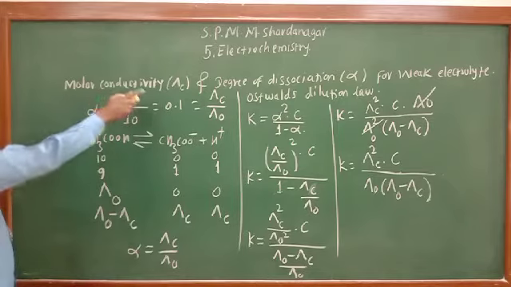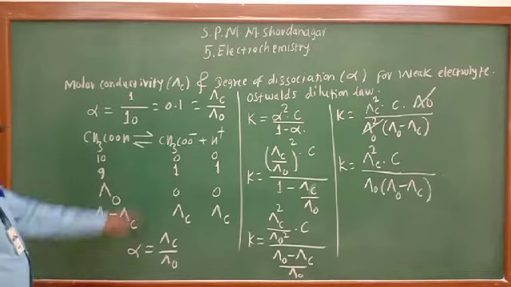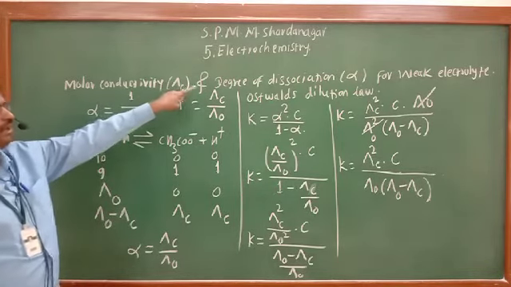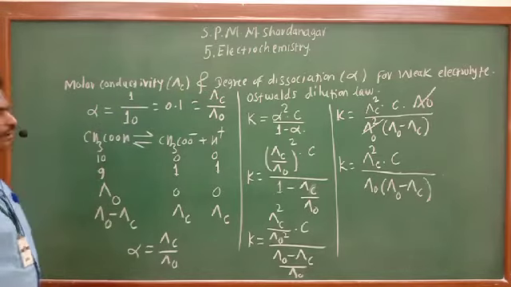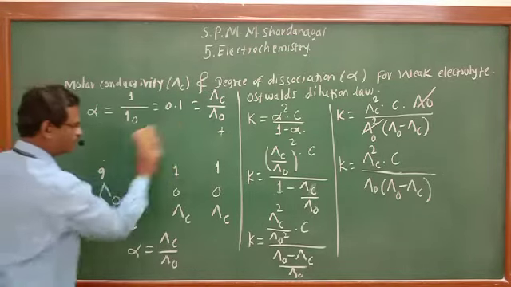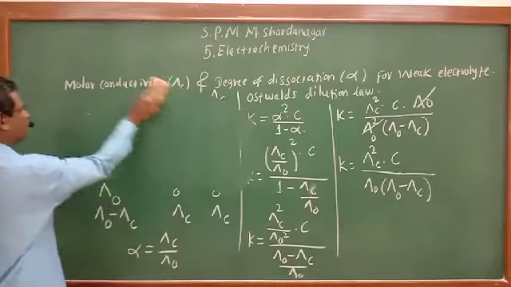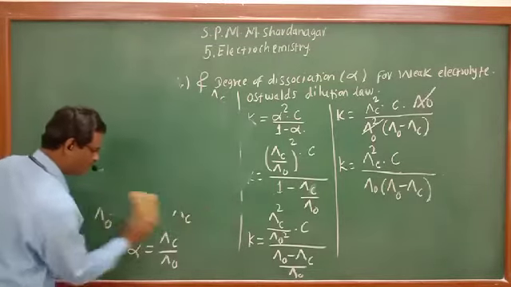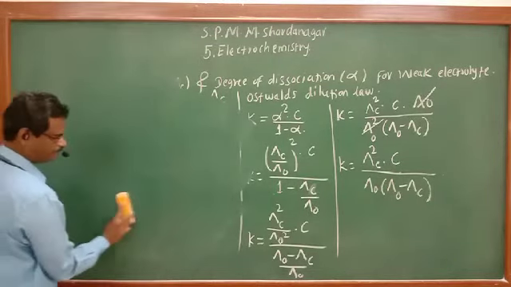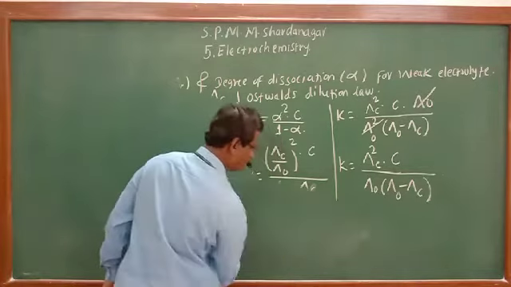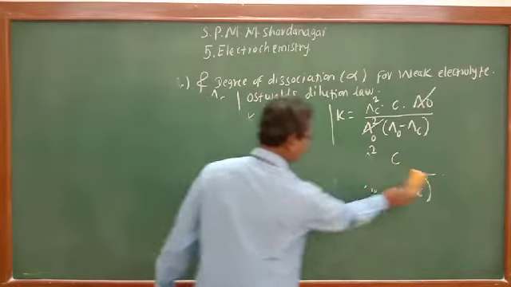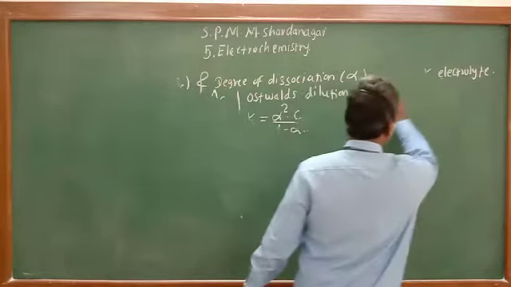So this is about the molar conductivity at given concentration lambda C and degree of dissociation alpha for weak electrolyte. Now let us see one more point, measurement of conductivity. How to measure the conductivity?